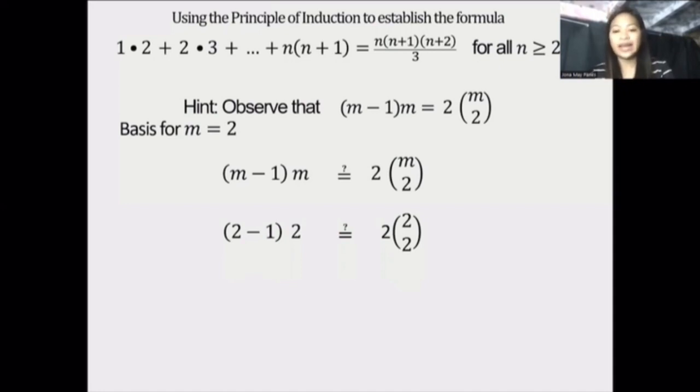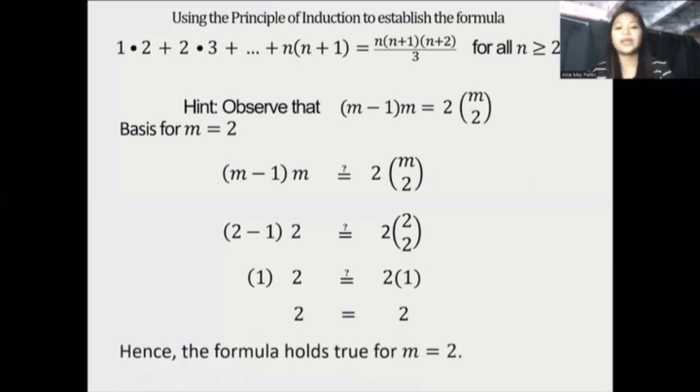Since our n and k are equal, this will equal 1. So we have 2 minus 1, which is 1, times 2, is equal to 2 times 1. So we have proven that 2 is equal to 2. Hence, the formula holds true for m equals 2.